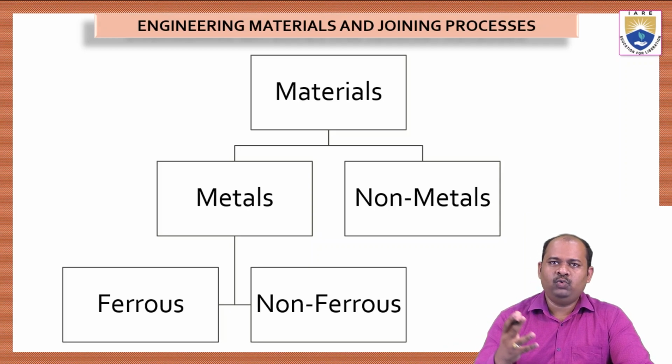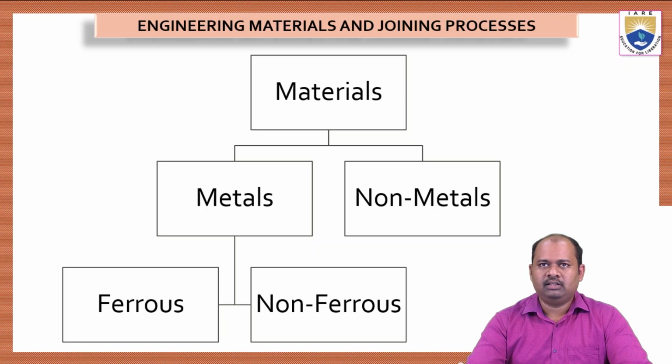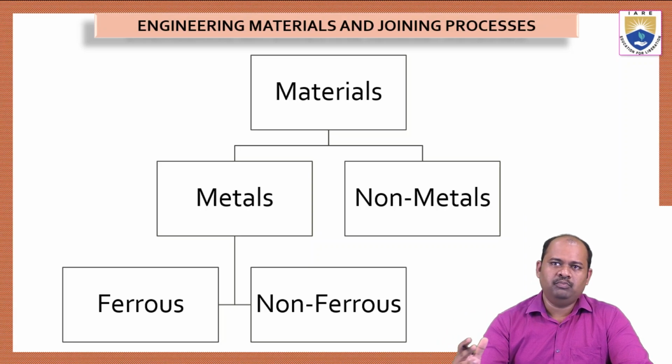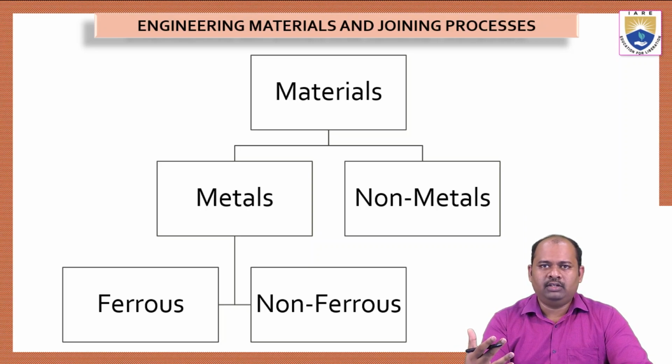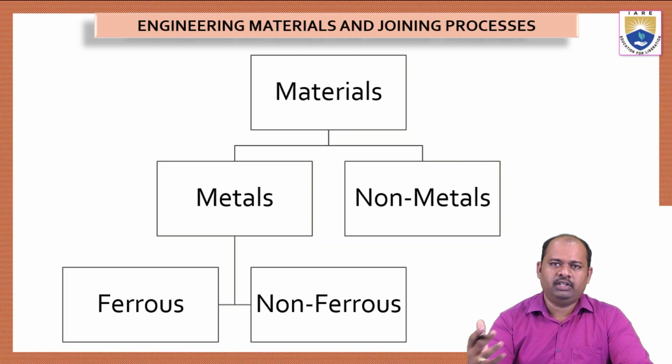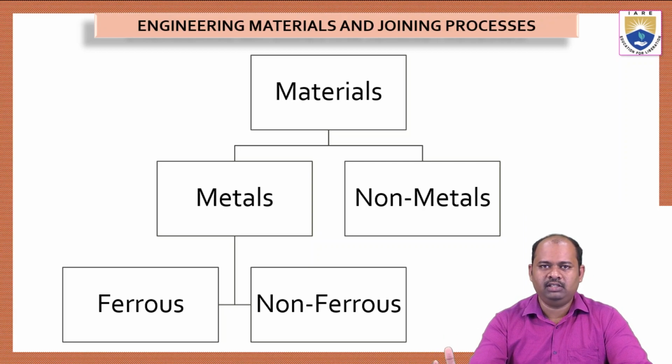So the two major categories of materials are metals and non-metals. Again, there are two types of metals: ferrous, related to iron, and non-ferrous.